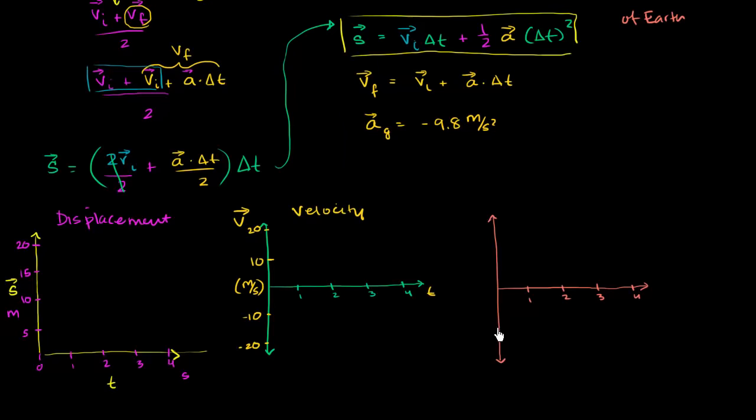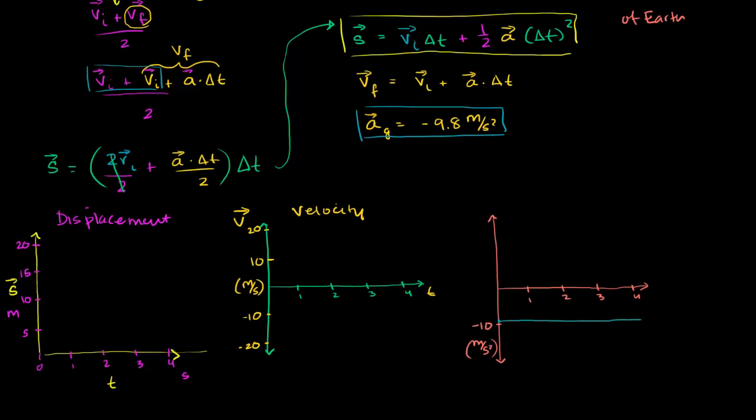Then let's call this negative 10, and all of this is in meters per second squared. We know our acceleration is negative 9.8 meters per second squared. So over the 4 seconds, it's going to be about negative 9.8, a constant acceleration the entire time. But let's figure out displacement and velocity.